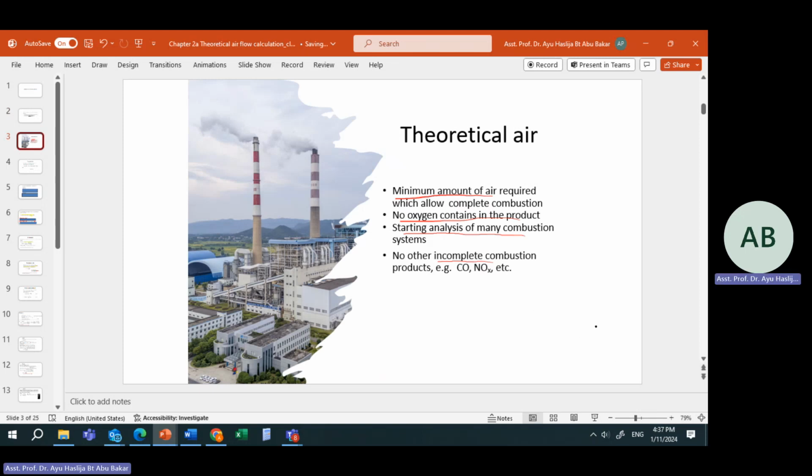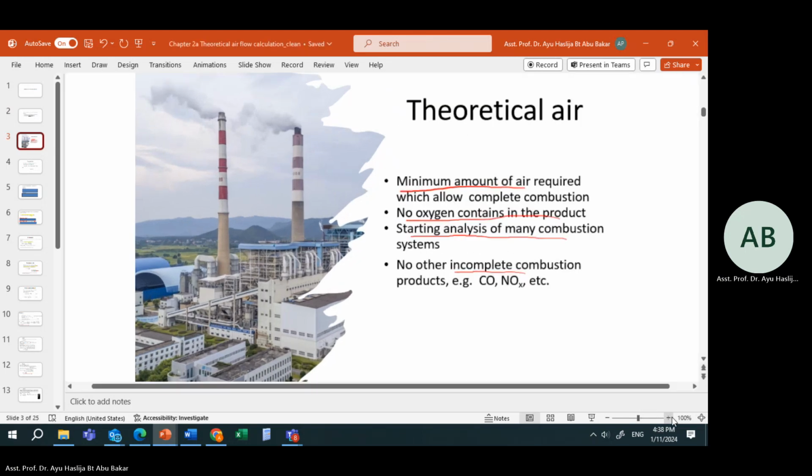Now, why it is important? Why it is important to know the amount of air? Because we need to know the minimum amount of air required for complete combustion. So when we have that minimum amount, we can just supply that minimum amount of air for complete combustion.